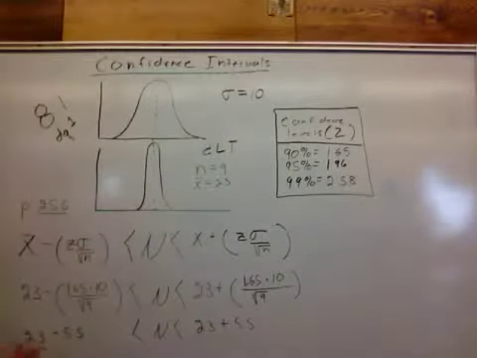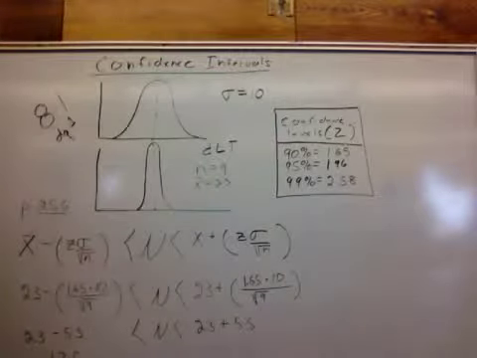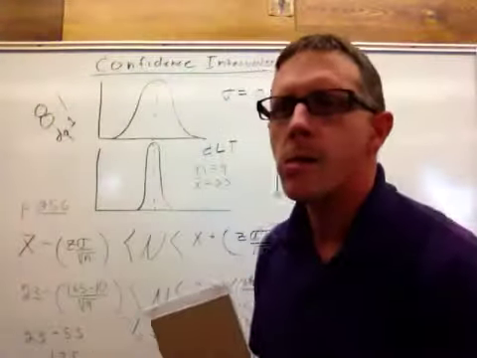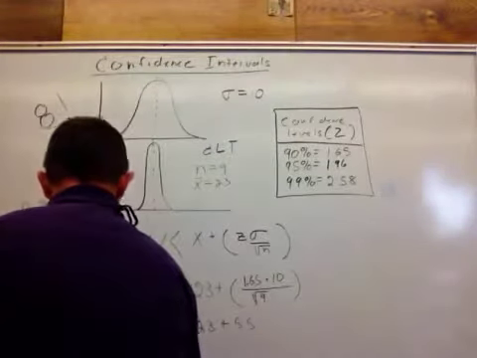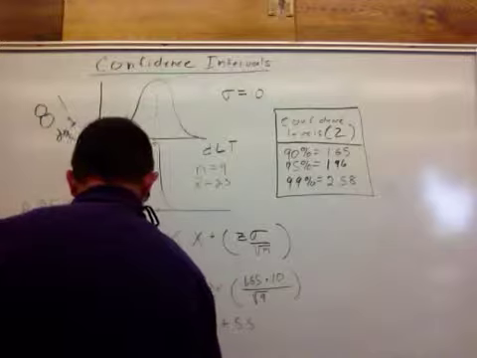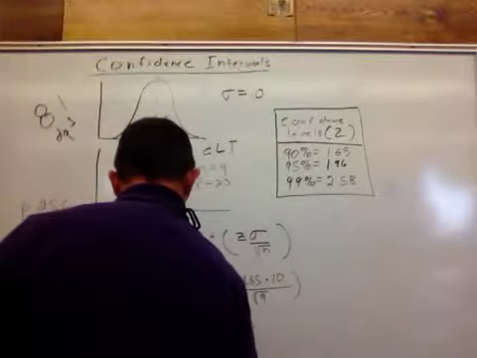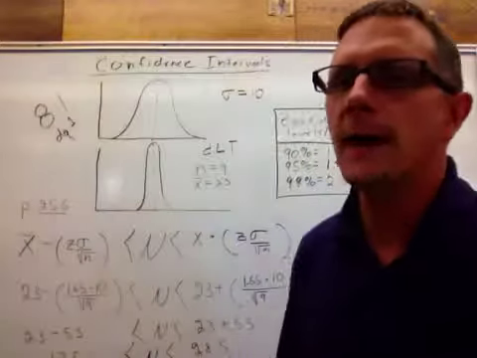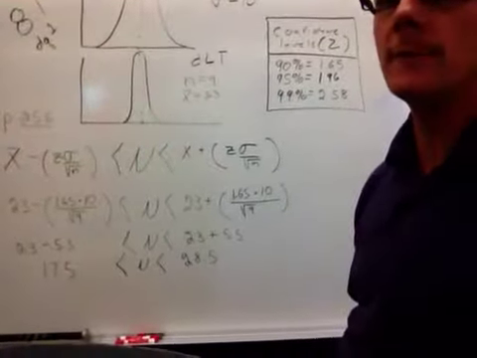And 23 minus 5.5 is 17.5, and 23 plus 5.5 is 28.5. Okay, sorry about the display issue there.